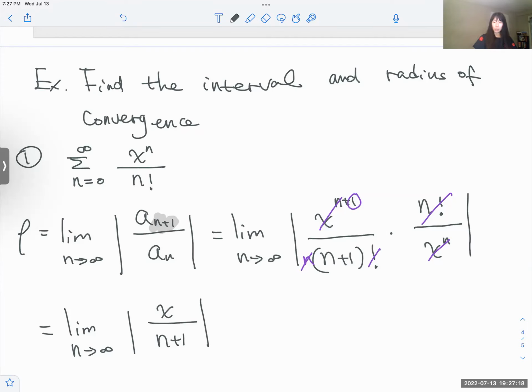When n approaches positive infinity, let's take the x out. Or we can just take out the absolute value, that's fine too.